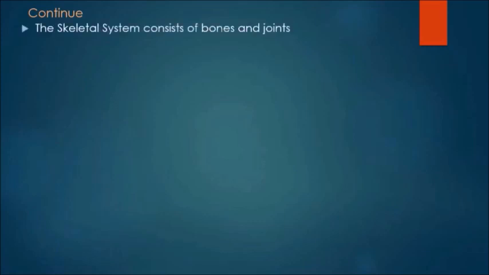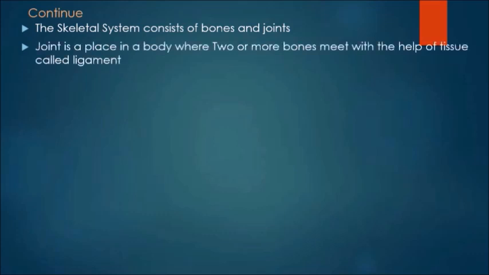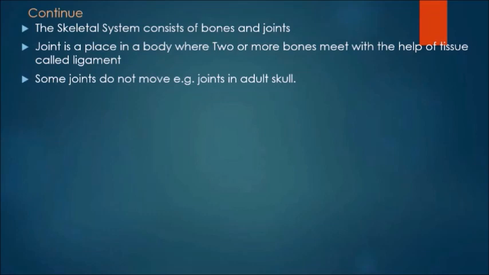The skeletal system consists of bones and joints. A joint is a place in the body where two or more bones meet with the help of a tissue called ligament. Some joints do not move, for example, joints in the adult skull.